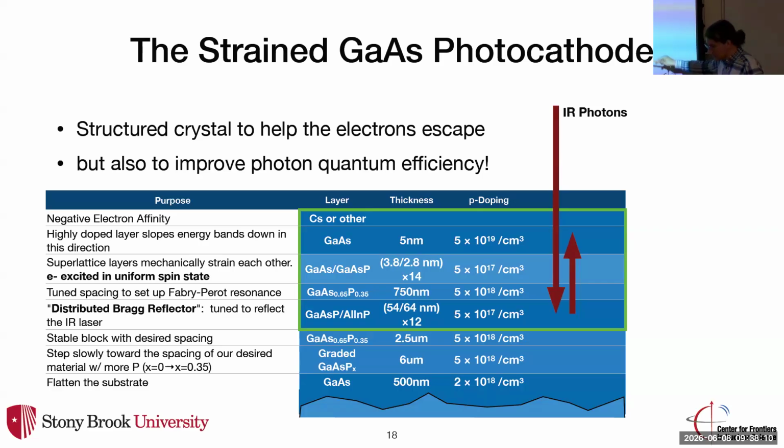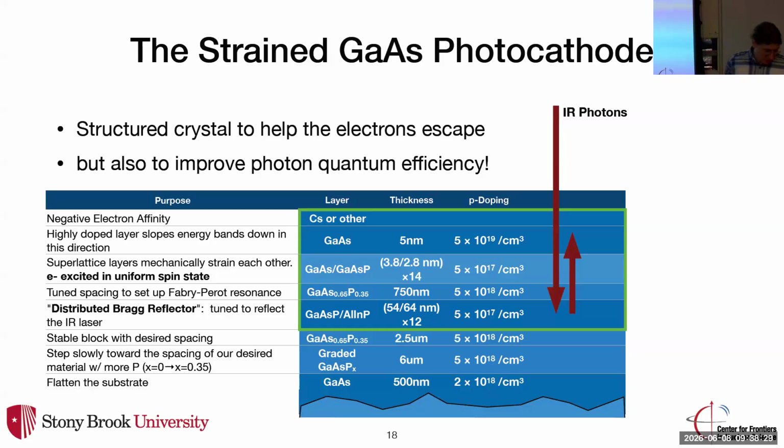And I say cavity because this forms a Fabry-Perot cavity for the laser light. It has a structured surface here that is a Bragg reflector for the frequency of the light. And then we have a spacing that matches the wavelength of the light. And then a superlattice here.